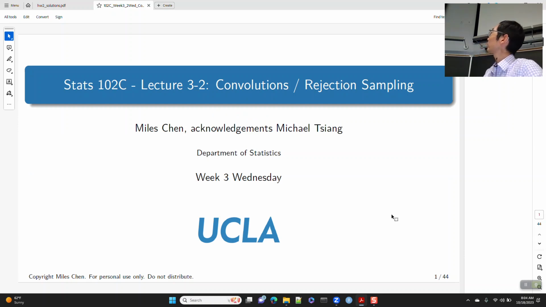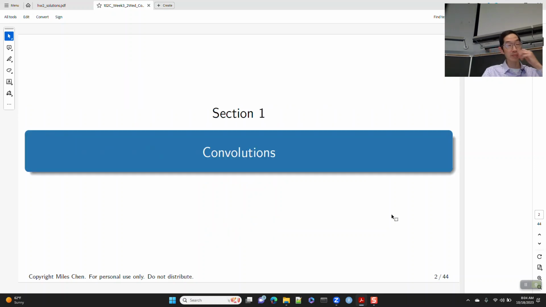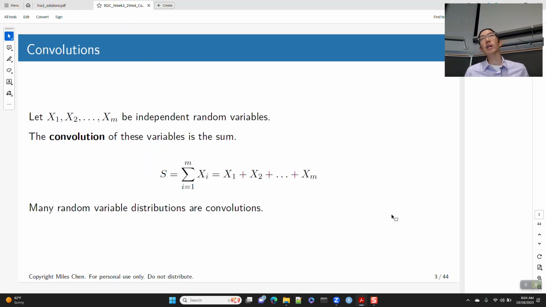So today we're going to look at two methods for generating random values, convolutions and also rejection sampling. Convolutions relies on our ability to generate these random values, and then we generate multiple of them and add them together.